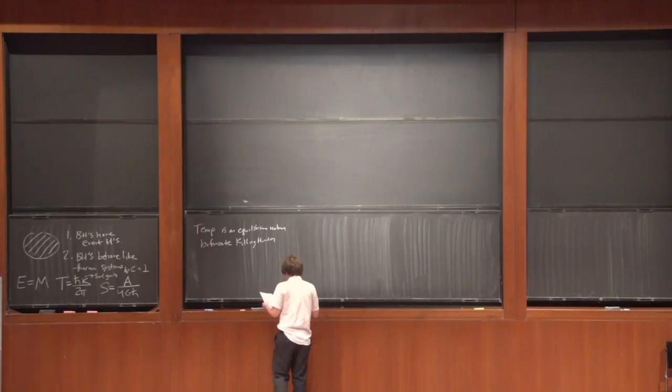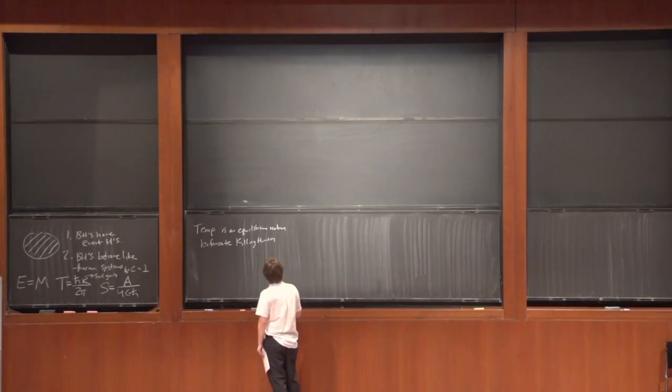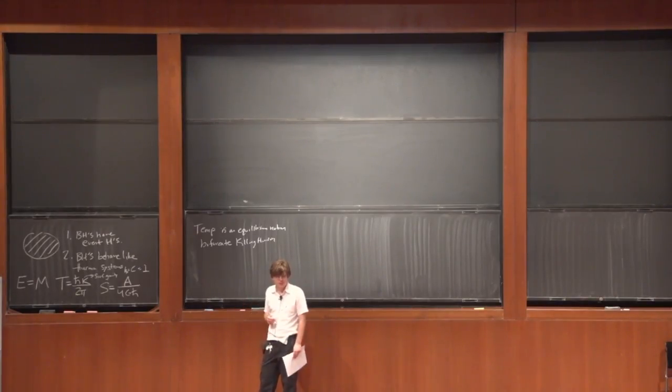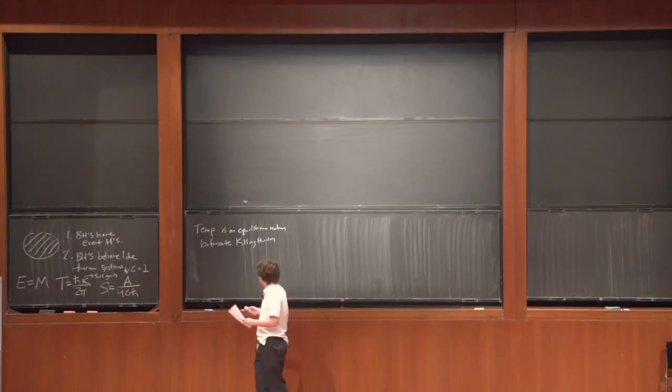We need to define the Killing vector. A Killing vector is a special type of diffeomorphism vector, something that pushes the points around, but in such a way that the metric doesn't change. It's an isometry.